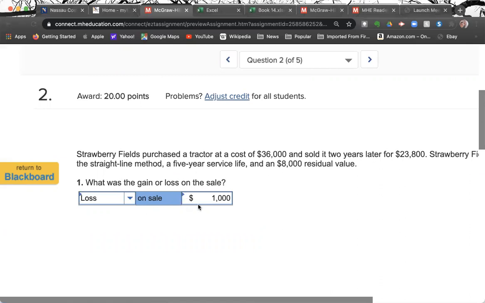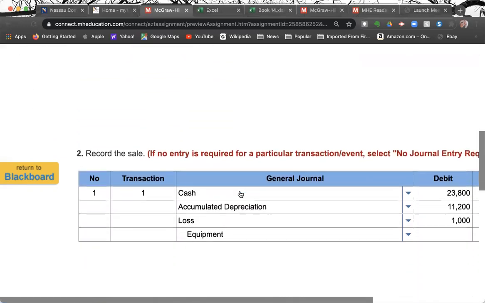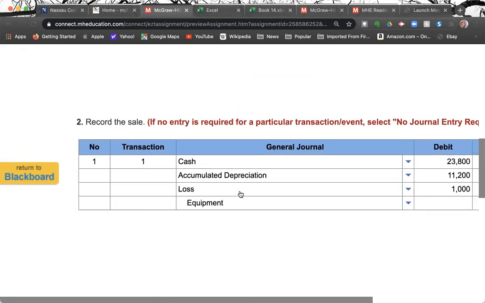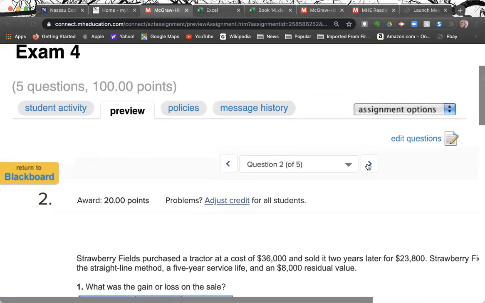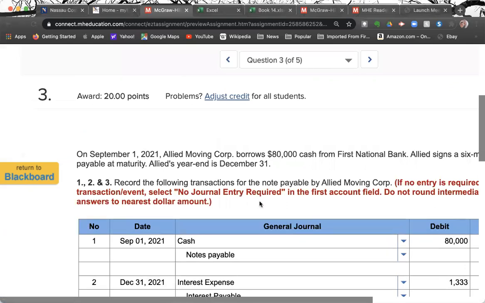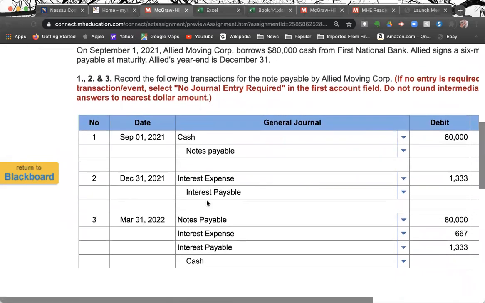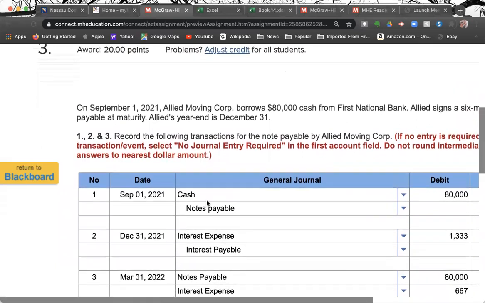Was there a gain or loss on the sale and how much? Here you have to make the entry for it. Right, and those two problems were from chapter 7. From chapter 8, here you've got the notes payable type problem that we saw today.